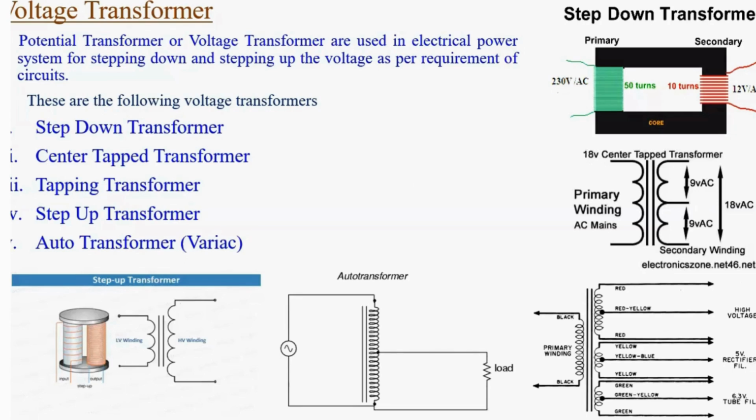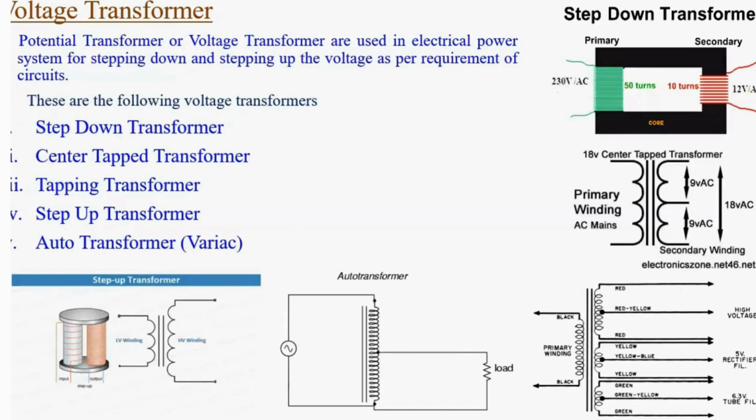So depending on the industrial requirement, the equipment requirement, the machine requirement, the power generation requirement, we will use different types of transformers. Step-down transformers are used maximum in electronic circuits. In electrical circuits, step-up transformers are used for power generation and distribution. Auto transformers are used in television sets, variacs; there we will use auto transformers the most.